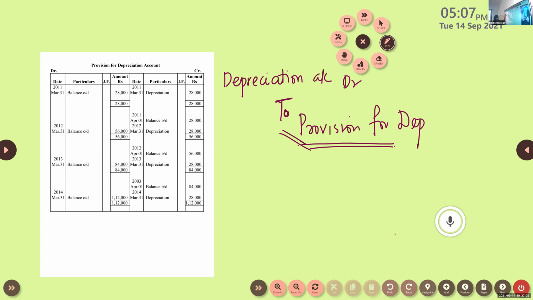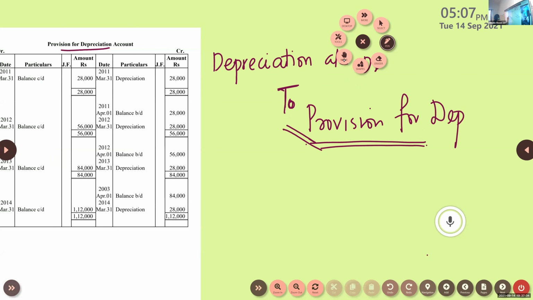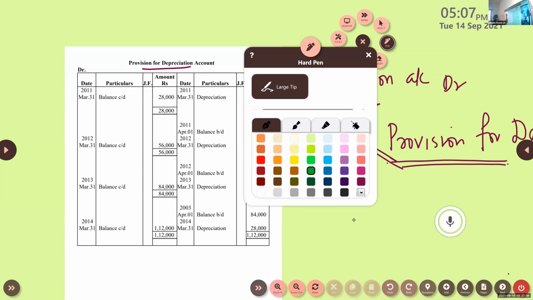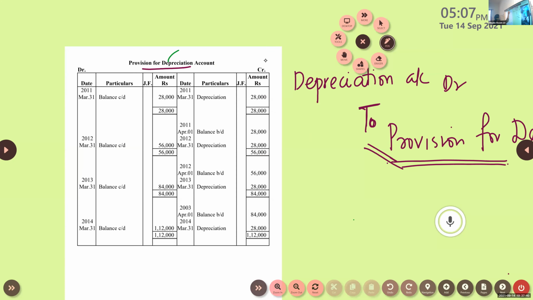So this is the provision for depreciation, and it is credited by depreciation.